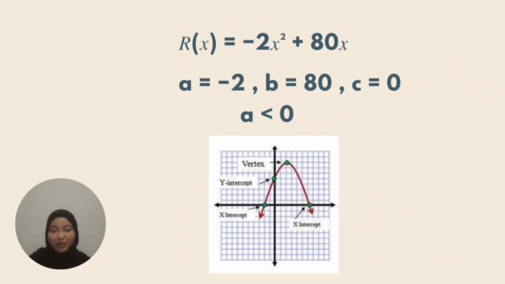Okay, so based on the question given, we have a revenue function negative 2x squared plus 80x. So we have a, b, and c, and a is less than 0. So the graph is basically maximized.